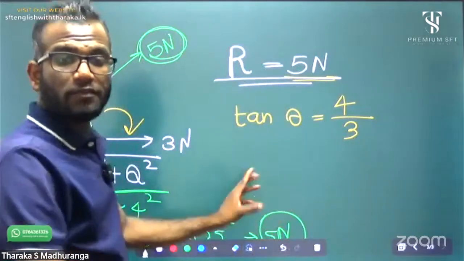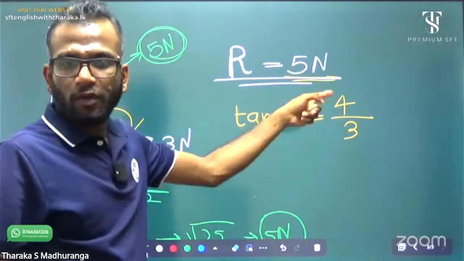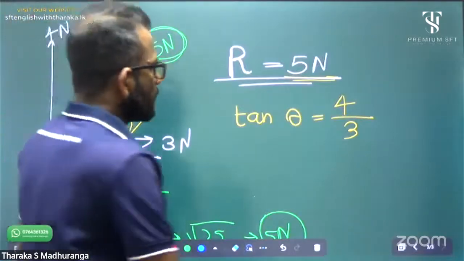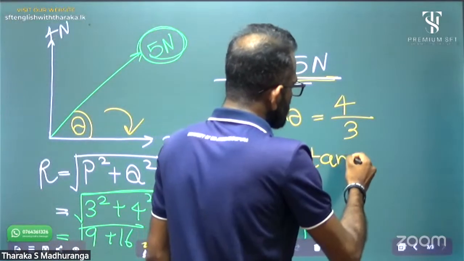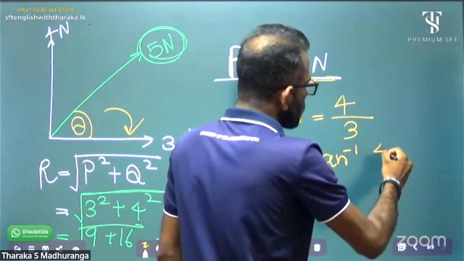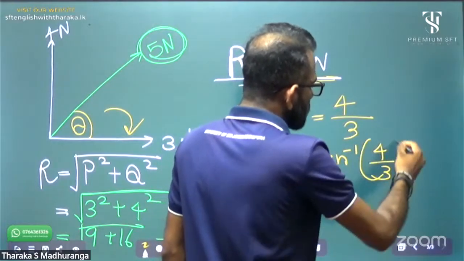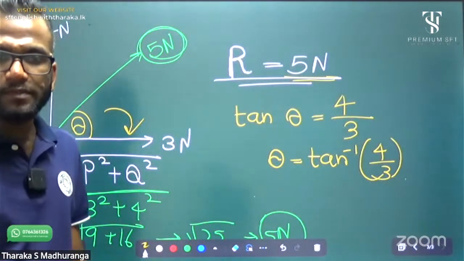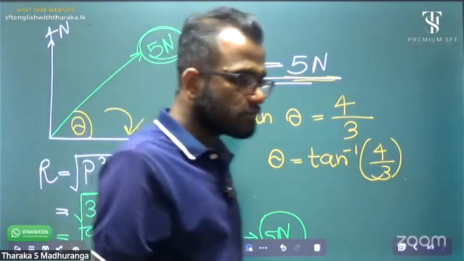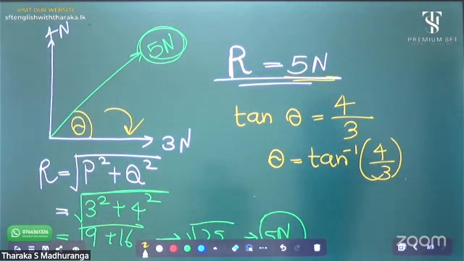You have to be careful to select opposite over adjacent. Then theta equals tan inverse 4 over 3. This is a problem now. How to get tan inverse values? You have to get your scientific calculator.